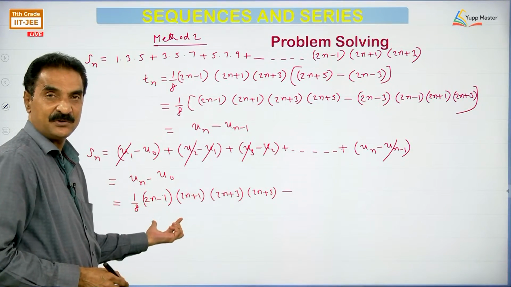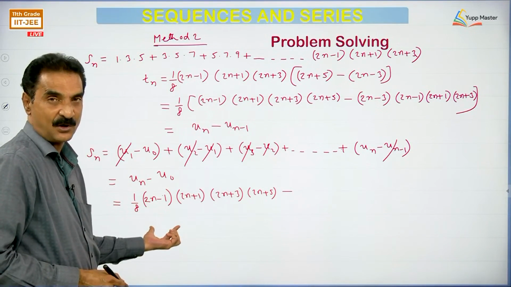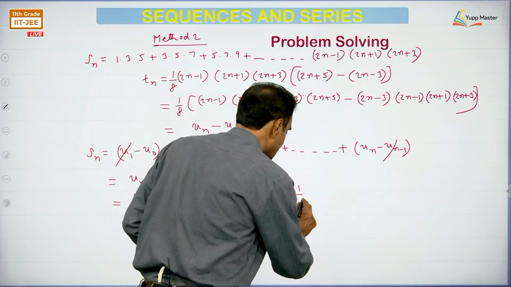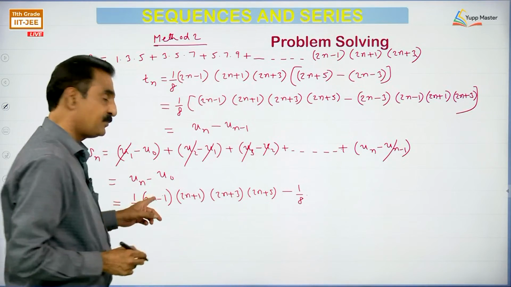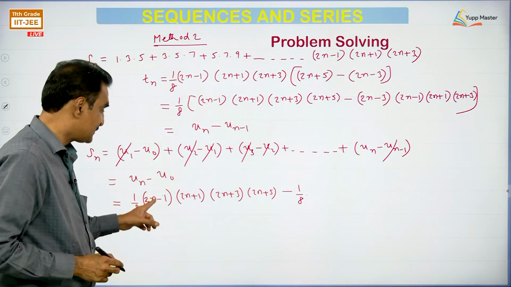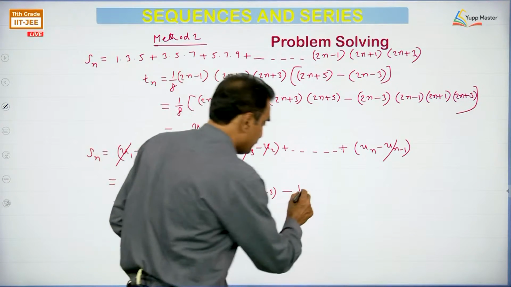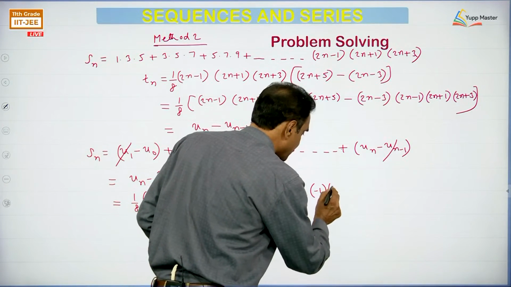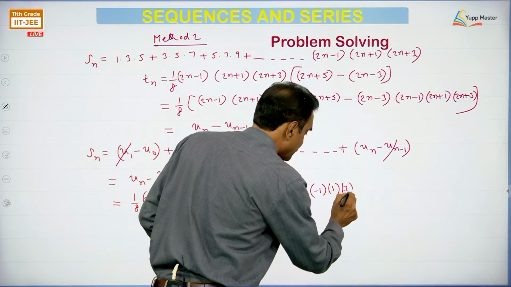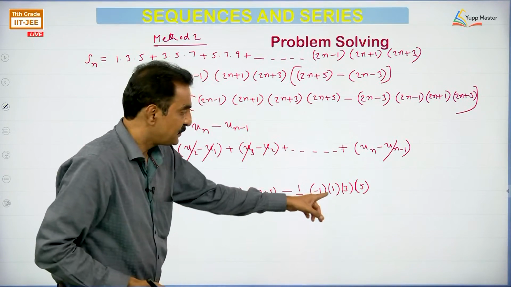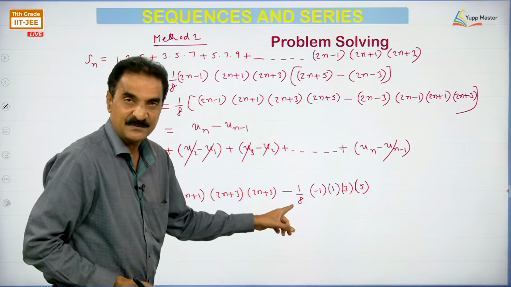So putting n is equal to 0 in un, you will get u naught. So u naught also will have 1 by 8, and putting n is equal to 0 here, this becomes minus 1 into 3 into 5. Then this product is minus 15, minus into minus is plus.